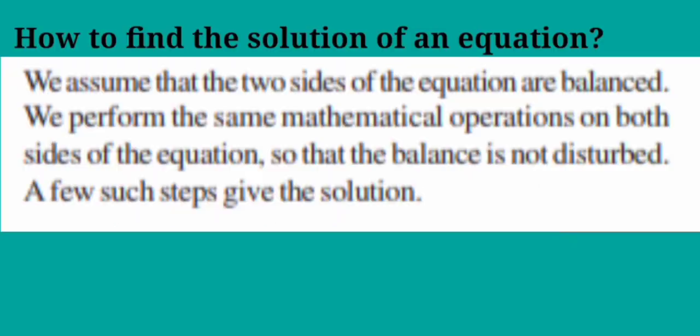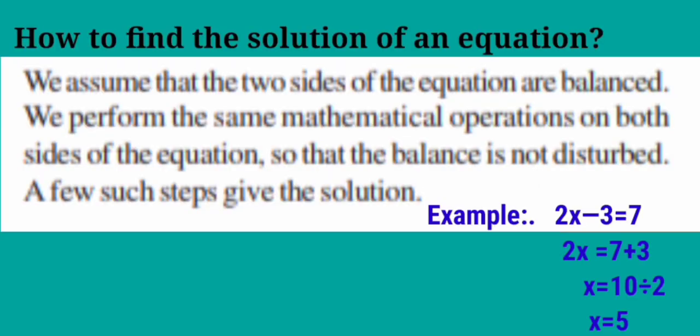Our next topic is how to find the solution of an equation, and the method is this. First of all, we have to assume that this equation is balanced. Balance means the value of the left hand side is equal to the value of the right hand side, and we have to find the value of the variable in that equation with the help of mathematical operations.